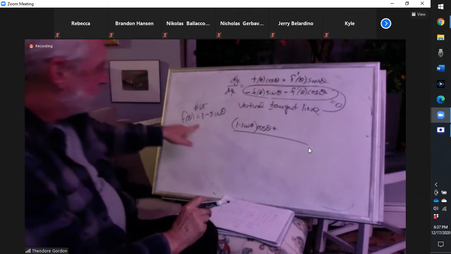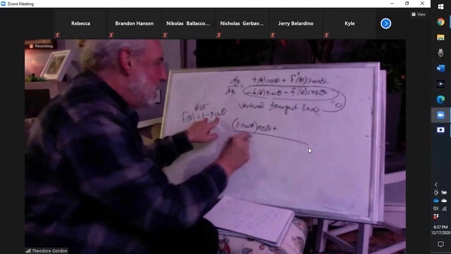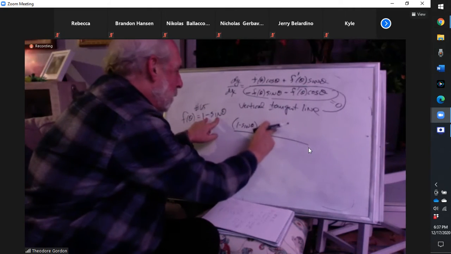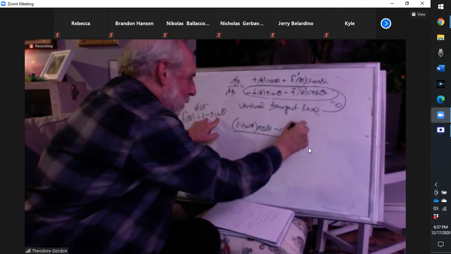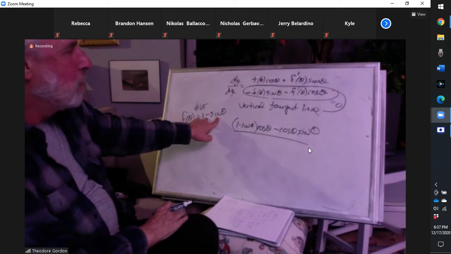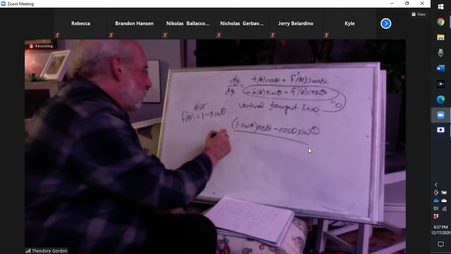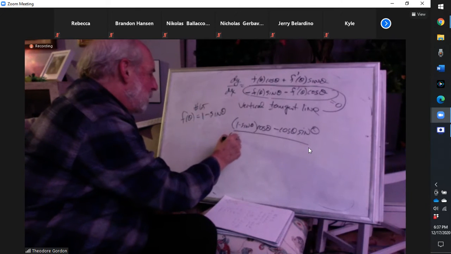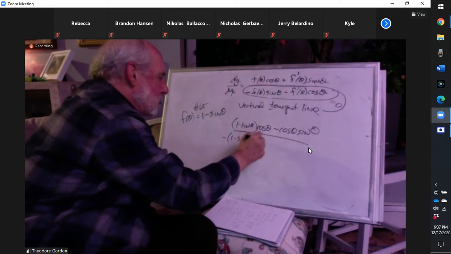The derivative of 1 is 0, the derivative of negative sine is negative cosine. So that gives us negative cosine theta and then sine theta. There's the top of the derivative. The bottom is negative f of theta, so we will do negative 1 minus sine theta times sine of theta.